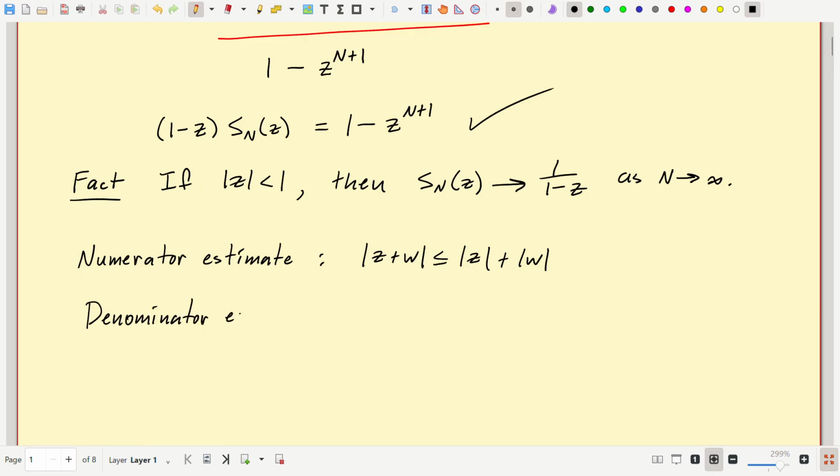If something is in the denominator, usually you're wanting to show that something's less than or equal to something. And if something's in the denominator, you want it to be bigger than or equal to something to get the estimate you need. And so the estimate in the denominator is the modulus of z minus w is greater than or equal to the absolute value of the modulus of z minus the modulus of w.